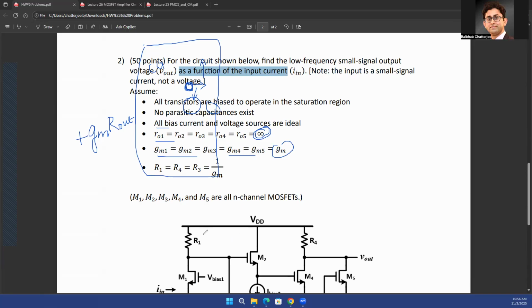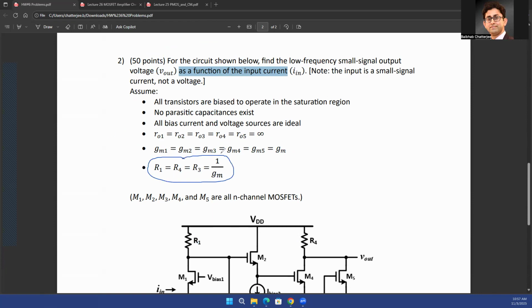And then the physical resistors that are present, R1, R2, R1, R4, and R3, are given to be 1 upon GM. So all the resistors are given to be 1 upon GM, all the GMs are given to be equal, and all the ROs are given to be infinite. That means the lambda is 0. So that makes the problem a little simpler than what you will actually have in a realistic circuit.